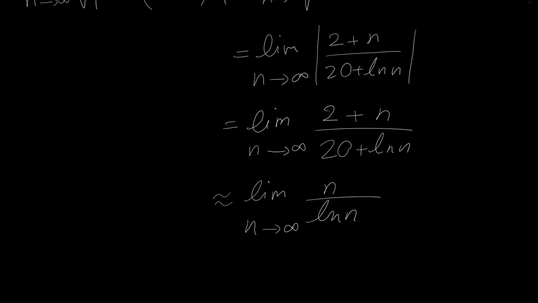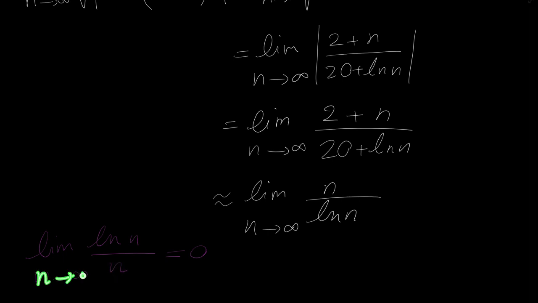When I was speaking about the limit of sequences, I mentioned there is a rule. The limit of natural log of n divided by n when n approaches infinity is 0. This limit approaches 0 because the rate at which natural log approaches infinity is much less than the rate at which n approaches infinity.